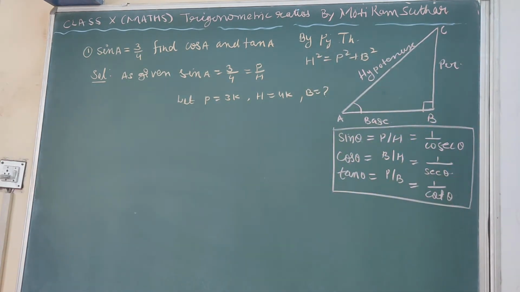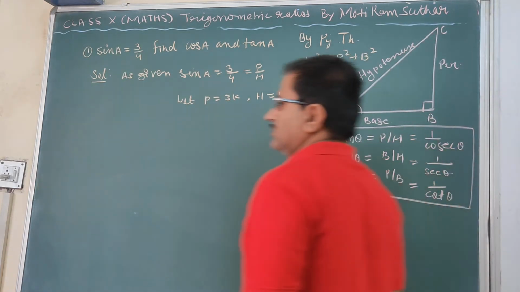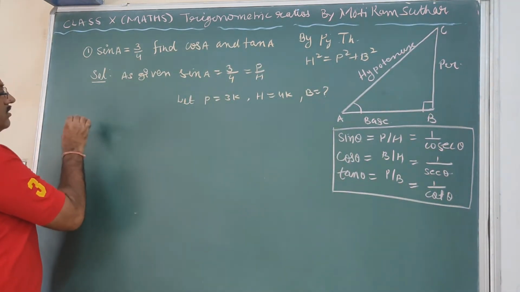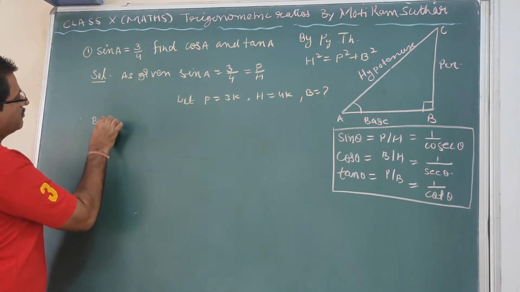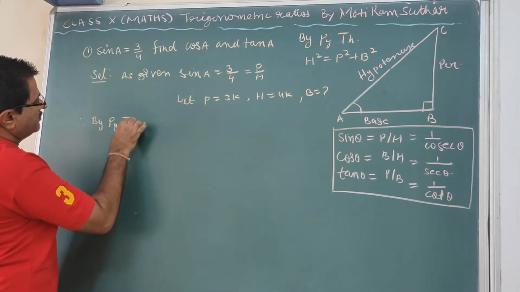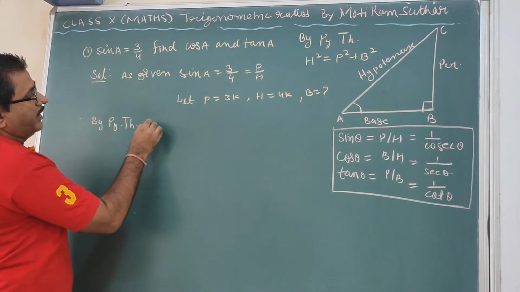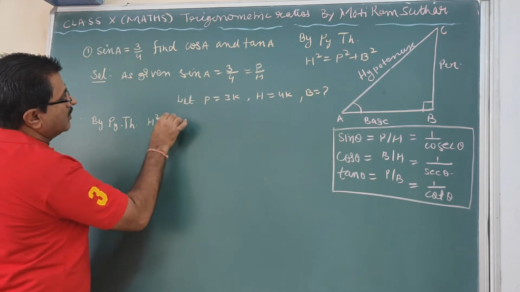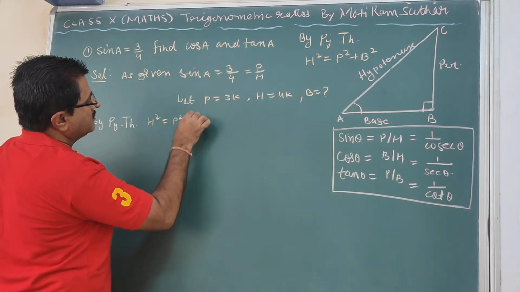So we can use the Pythagoras theorem, and by putting these values we can write: therefore, by Pythagoras theorem, h square equals p square plus b square.